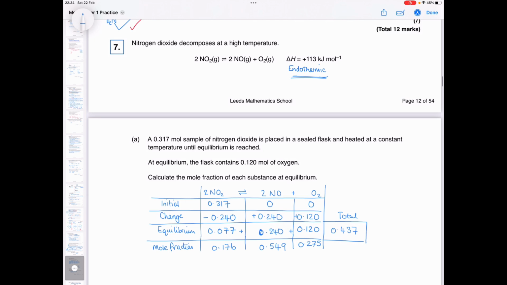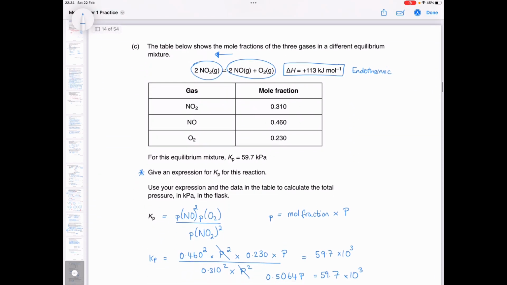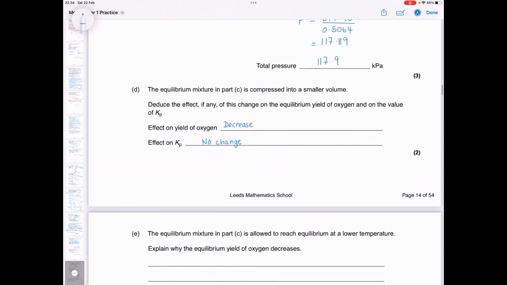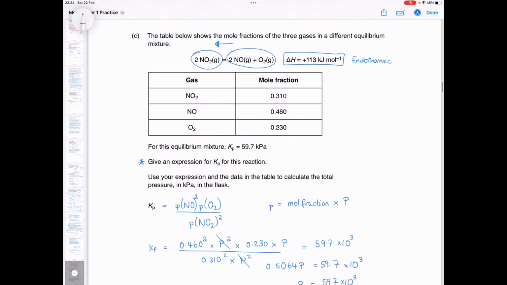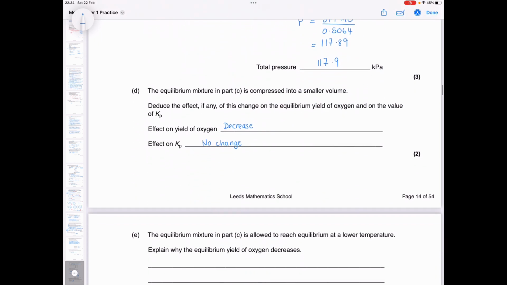Okay, it's endothermic for this reaction. So endothermic reactions, just check what we're doing to it. We're cooling it. Okay, so endothermic reactions, if we cool them down, they will do the exothermic direction. So that will move the equilibrium to the left to oppose the decrease in temperature.